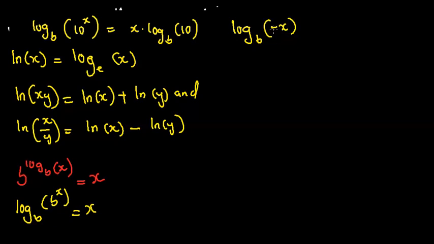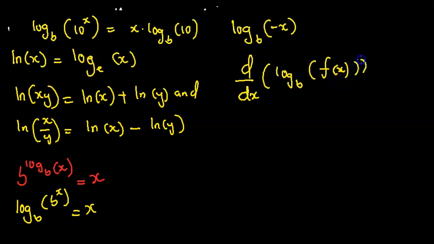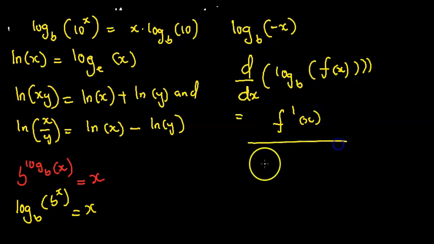What about logarithmic differentiation? In this case, let's say we have d over dx of log base b of a function f of x. This is simply going to be f prime of x divided by f of x times ln b.